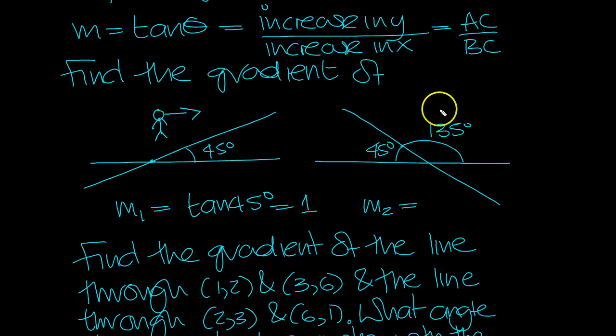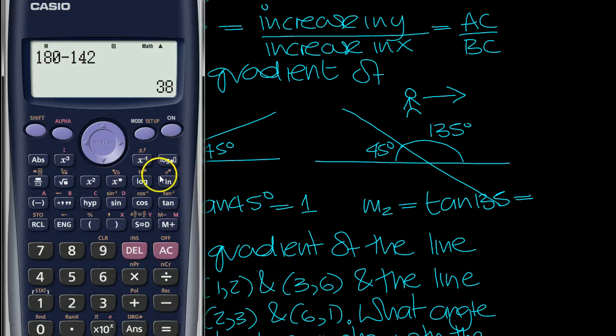Here, m2, if you're standing here facing in the forwards direction, again the definition is the tan of this angle. There you are, standing here on this slope, and it's tan 135. Let's just find out, tan 135 equals minus 1.